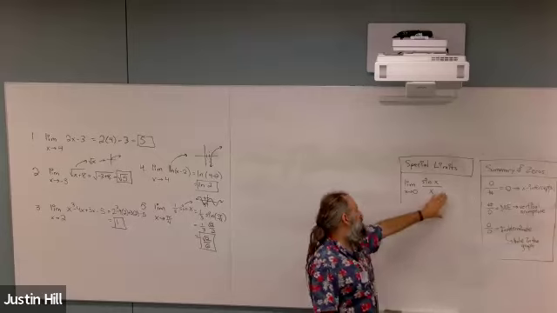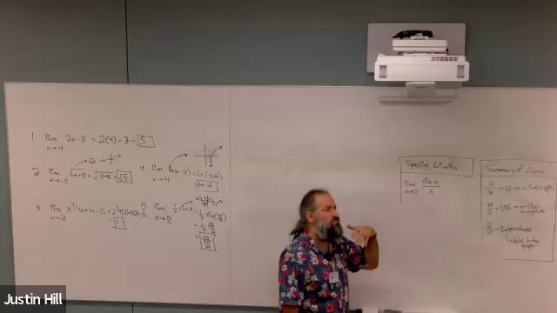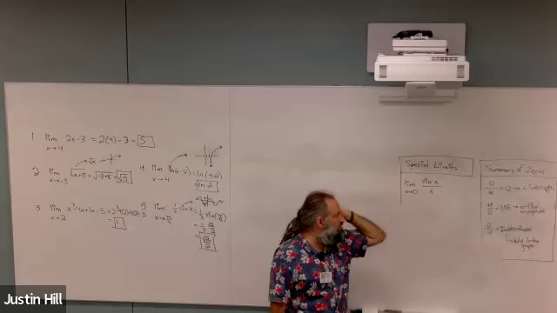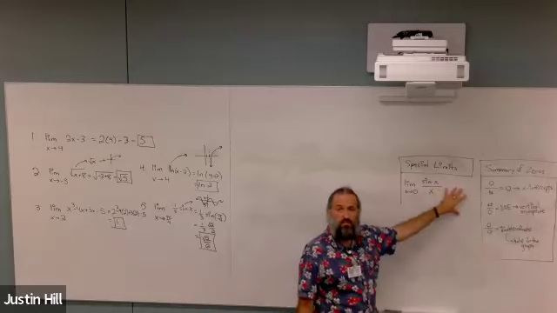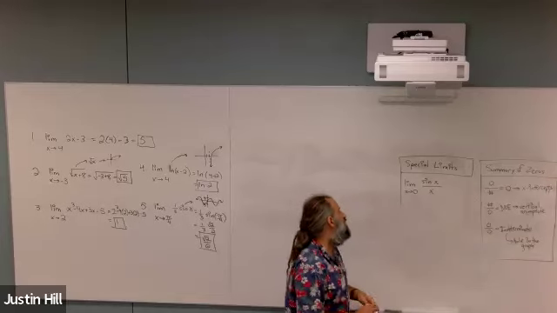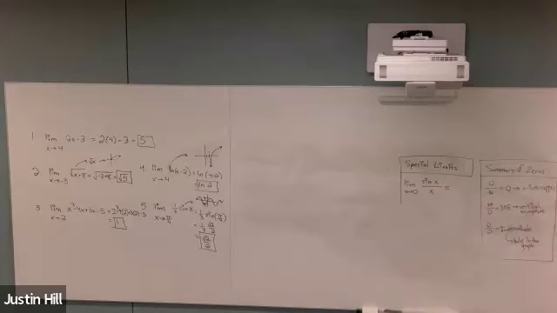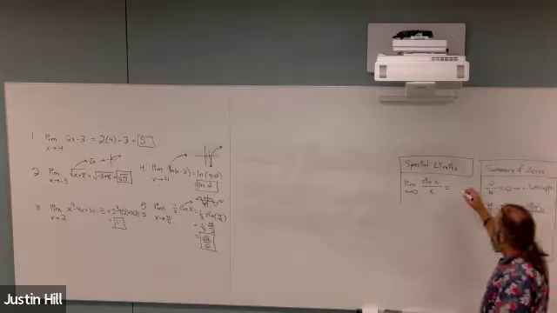The interesting thing about this, though, is that for the last couple problems, we had some special algebraic ways to deal with this. This resists a lot of special algebraic ways to deal with it. But using the squeeze theorem, we can prove that the limit of this is 1.